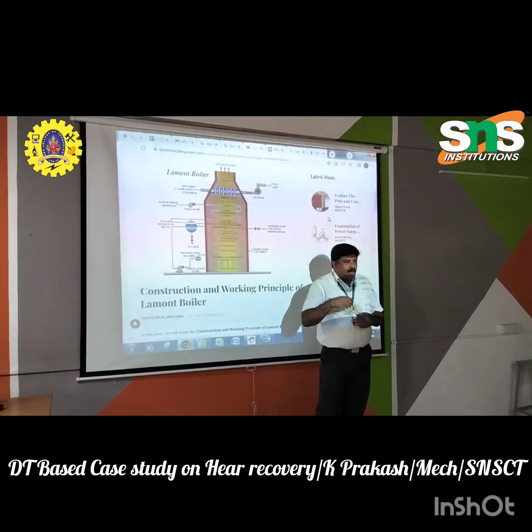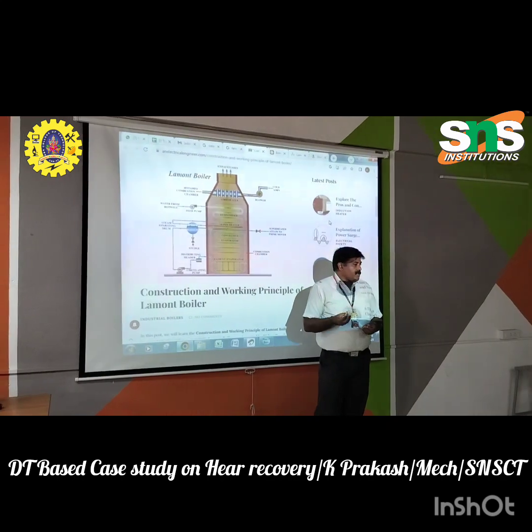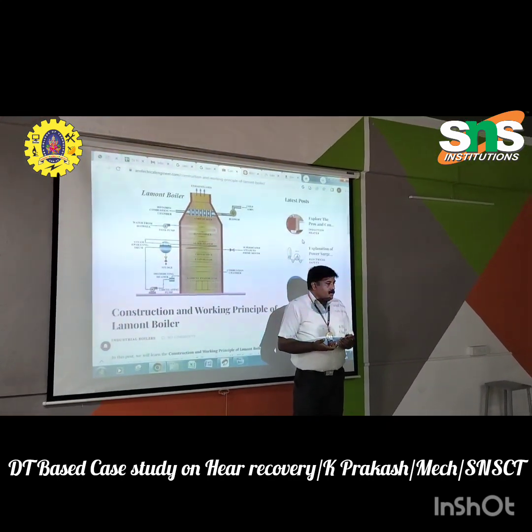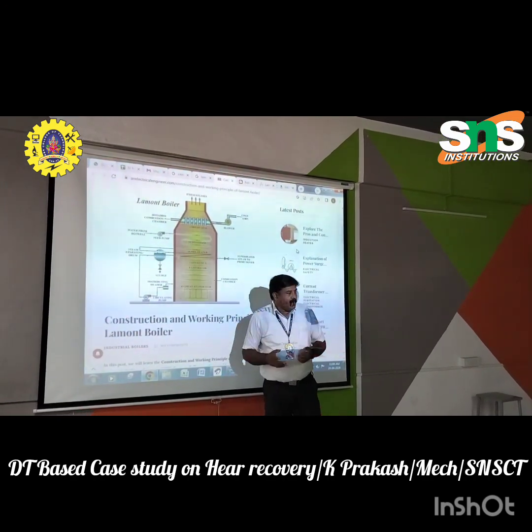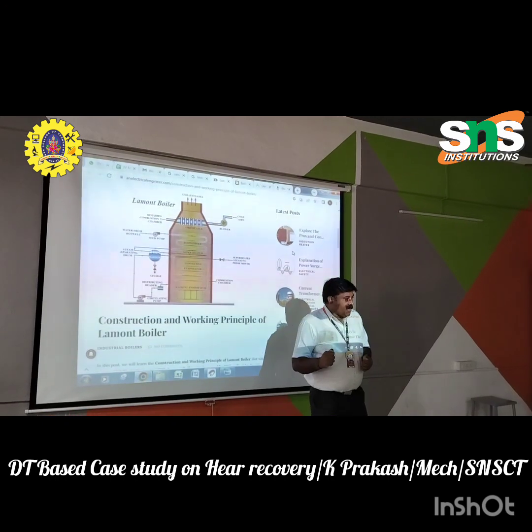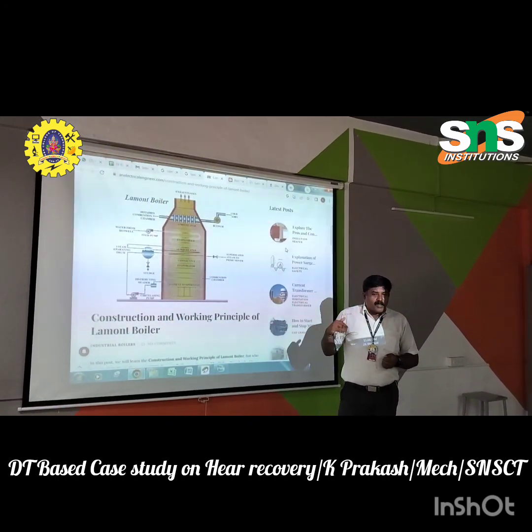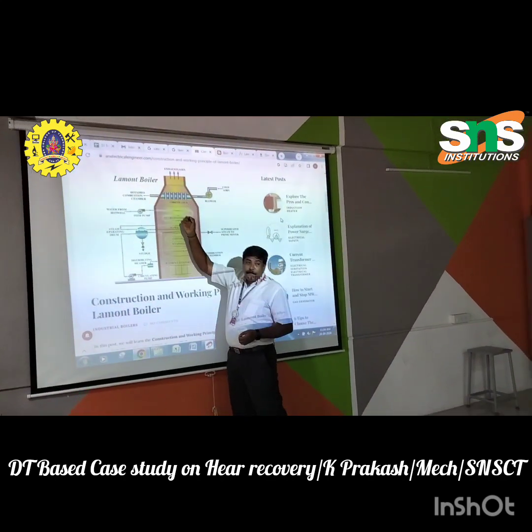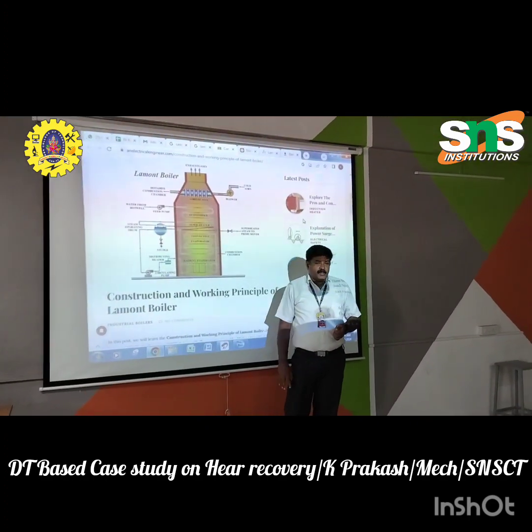The heat which is going outside as waste is used to preheat the air used for combustion, so that combustion takes place very effectively. So these are the methods by which we recover the waste heat in boilers and reuse it. Now the 35% which was going outside is trapped, and only a small amount of heat is going outside as waste. Thank you.